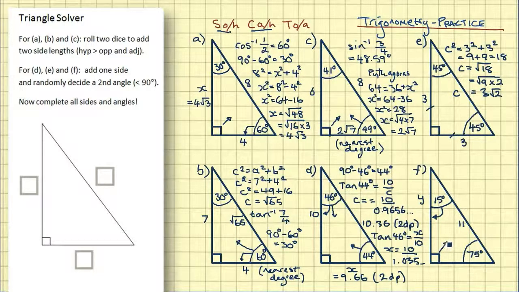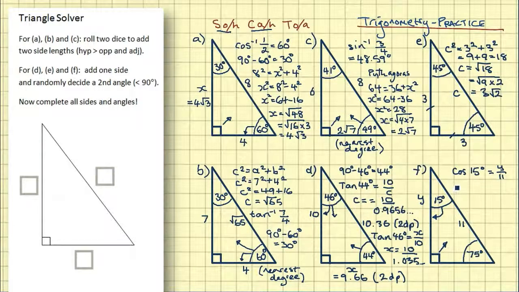So I'm looking at the cosine function, cos of 15 degrees, which is going to equal the adjacent, which is y, over the hypotenuse, which is 11.